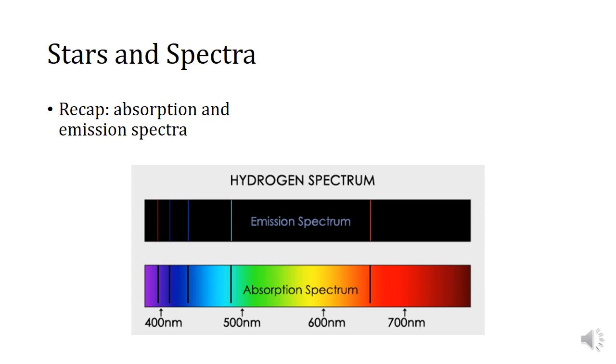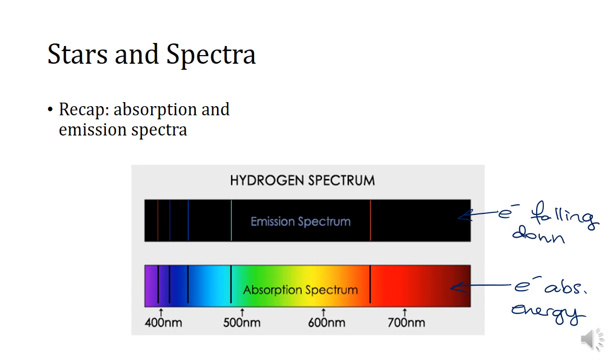Sorry about cutting myself off like that. I just wanted to quickly grab this picture here. So we've got that emission spectra, which is electrons falling down. And then an absorption spectra, which is electrons absorbing energy.